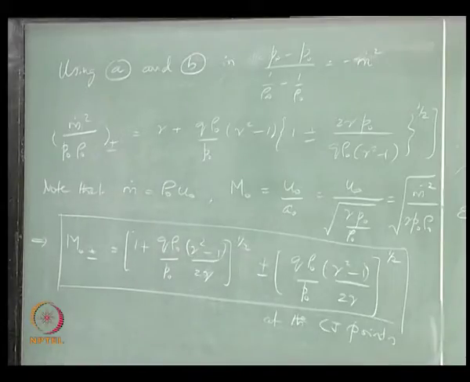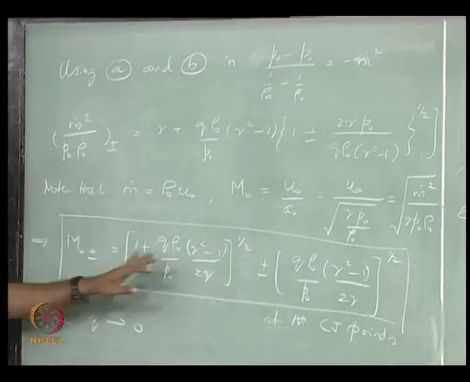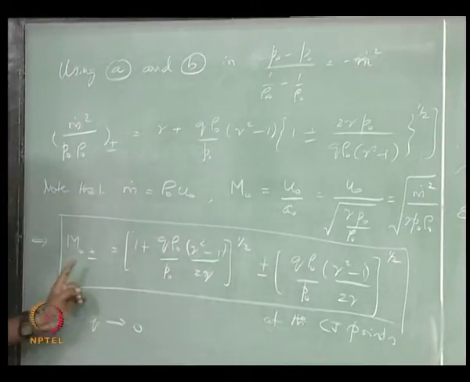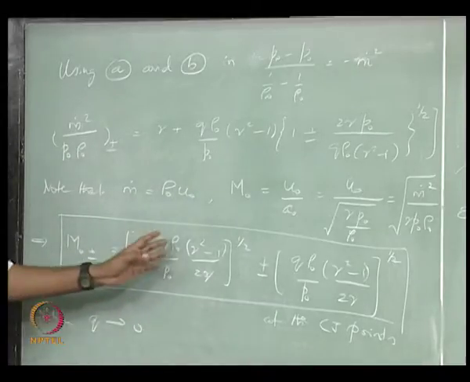What we can see from here is when q goes to 0, this goes to 0, this goes to 0, right. So you just get M naught plus or minus equal to 1.